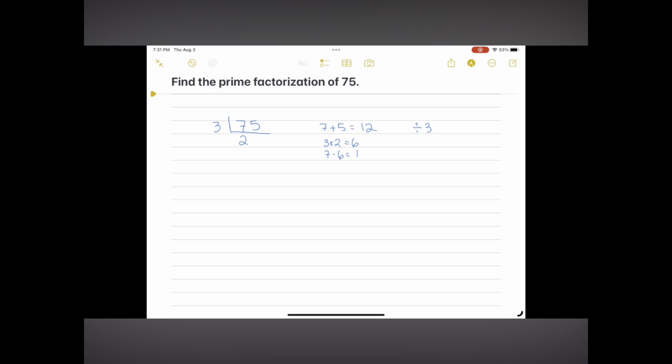So we carry the 1 in front of the 5 to make it 15. And we ask, how many times does 3 go into 15? It's 5 times. So now we need to factor out 25.